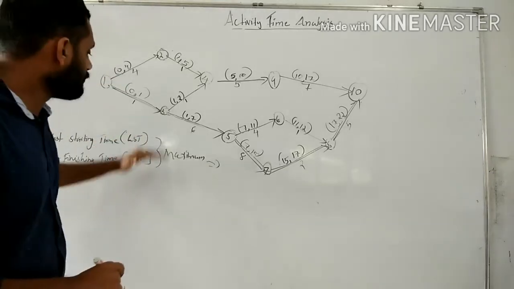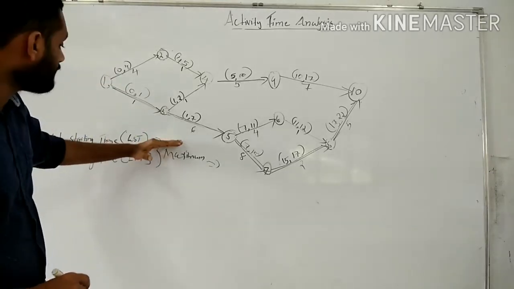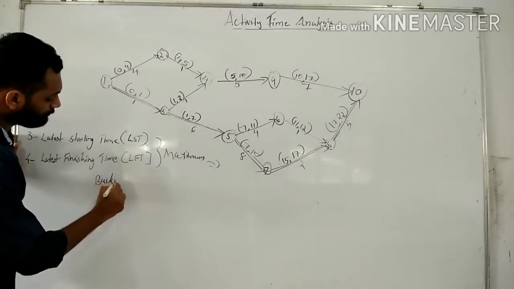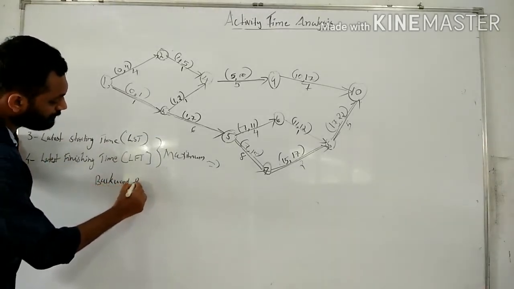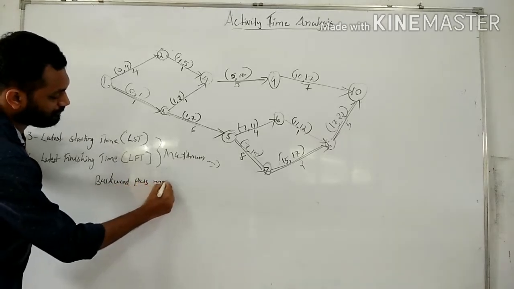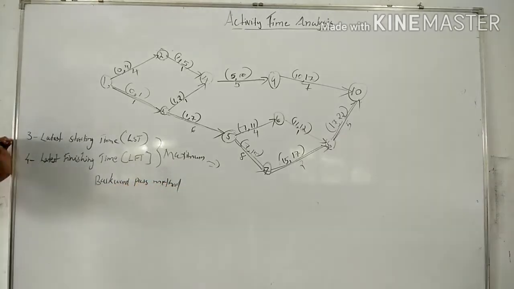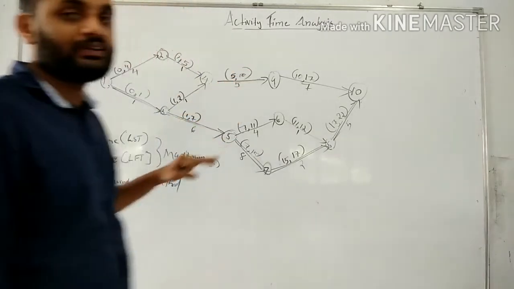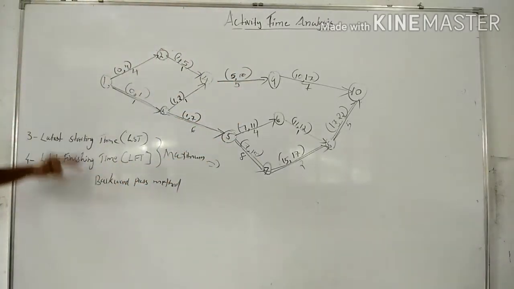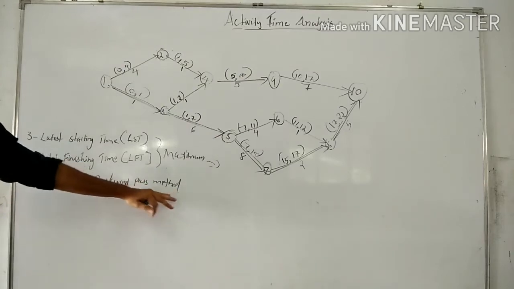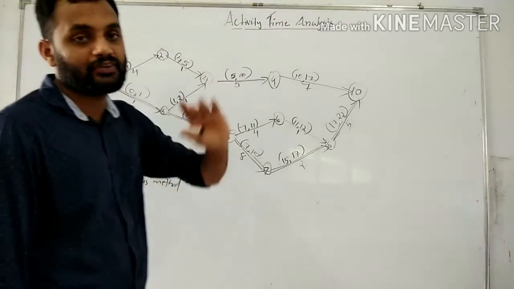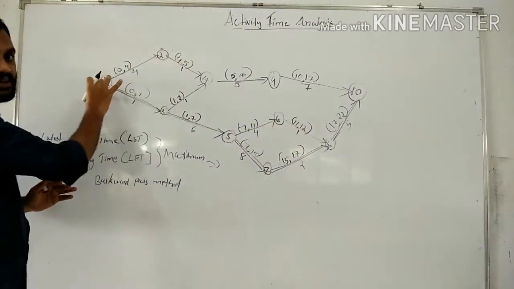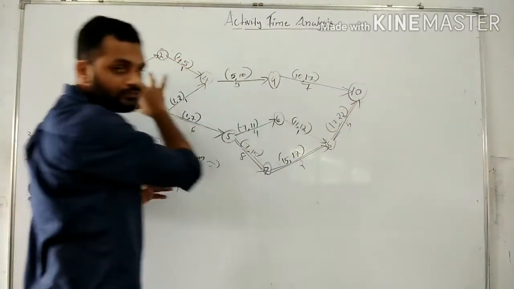Both of these are calculated using the backward pass method. EST and EFT are the forward pass method, and these are the backward pass method. What is the backward pass method? From the last activity to the first activity.